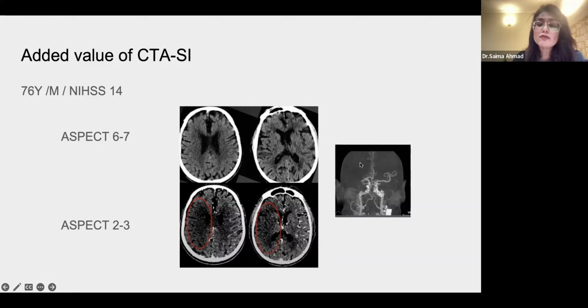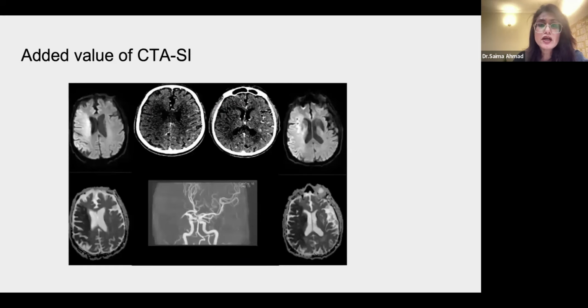So again, when you perform the CTA, you can see there is a right M1 occlusion, and when we go towards the raw data of the CTA, the blood flow window, you can see the dark area which is showing that the right MCA territory is largely hypoperfused. And you can also confirm it by the DWI, and a large area is affected.